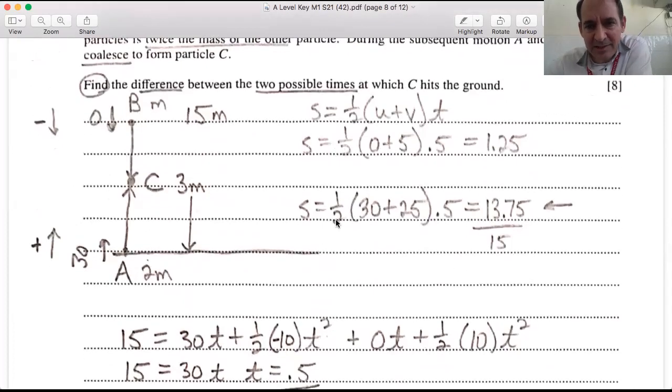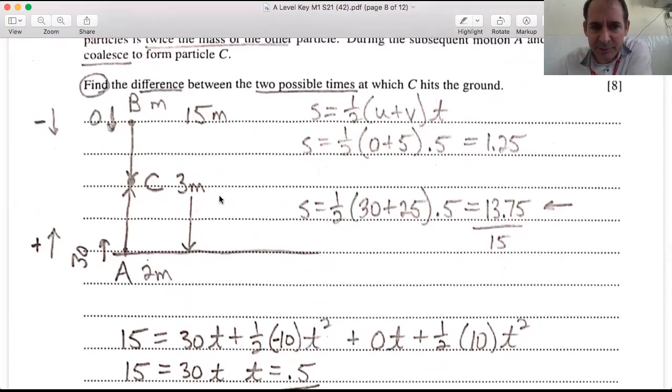This is where I did this work with the SUVAT formula, checking our distance and making sure it adds up to 15. For part B, 1/2 (u plus v) times t equals 1.25 meters. Particle B fell 1.25 meters, and particle A went 13.75 meters up.